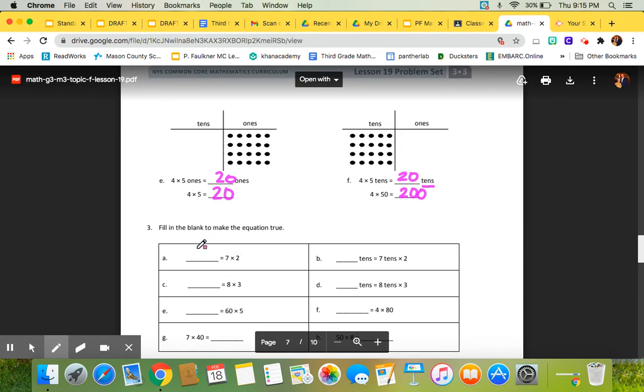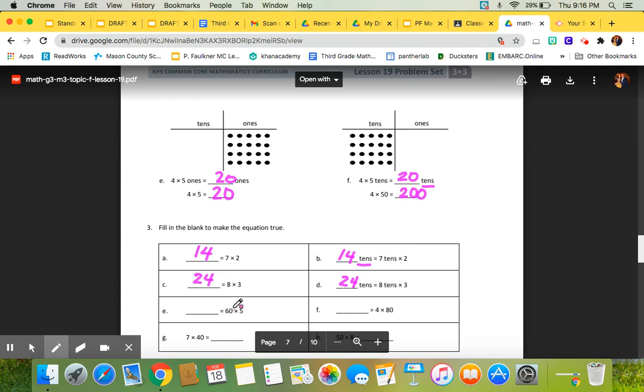7 times 2 is 14. 7 tens times 2. Well, 7 times 2 is still 14, but now it's 14 tens. 8 times 3 is 24. 8 tens times 3 is just 24 tens. 60 times 5.